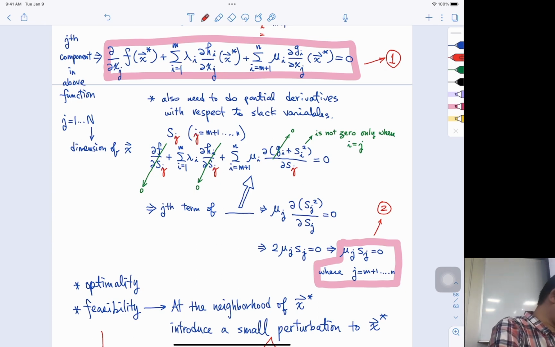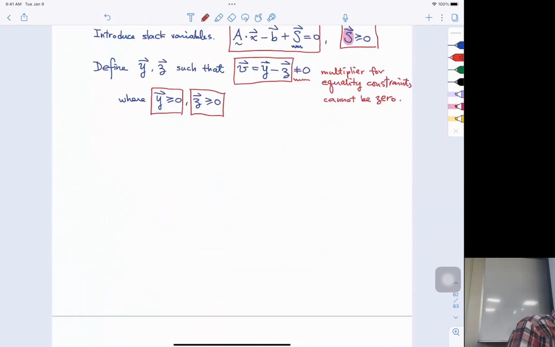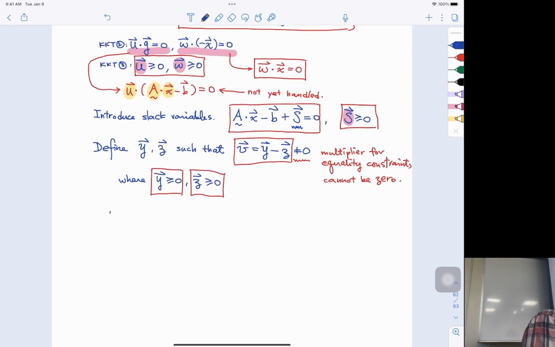So that is something I'm going to put right here, mu s equals 0. I'm going to keep this one as well. This is from the derivation of KKT.